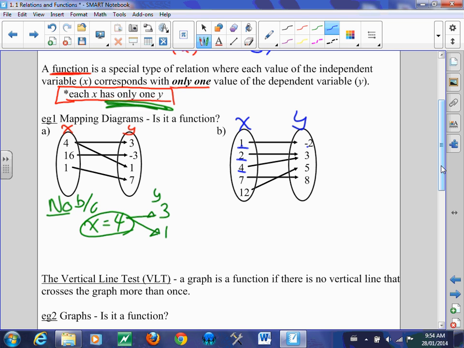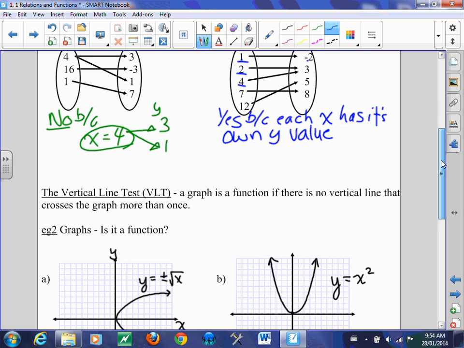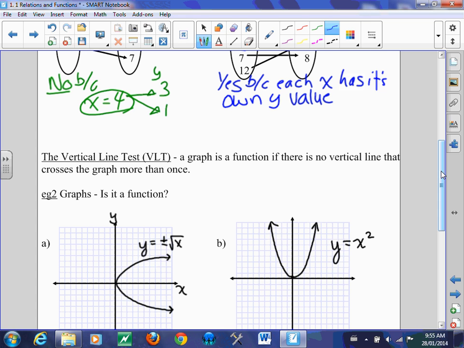Okay? So in this case, yes, this is a function because each x has its own y value. All right? Great.